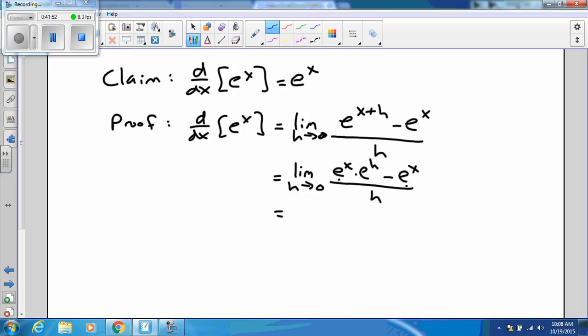And we observe that we have a constant multiple sitting right there in the numerator. So out it comes. And we are left with this quantity right here. The quantity looks really familiar. What is its value? 1. Right there, this whole thing goes to 1. And I get e to the x times 1. Boop.